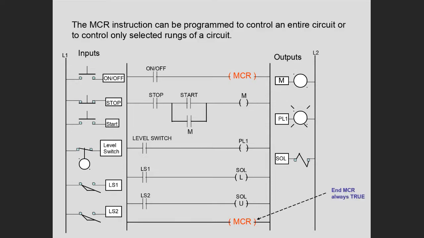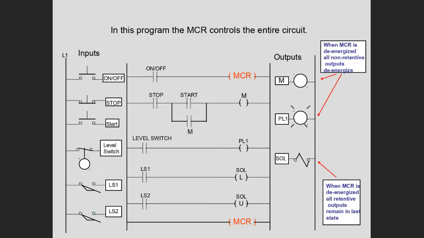So we got the end MCR. It's always true because it's not conditional. But the one I was referring to is this one. When that first rung, the one containing the conditional MCR at the top, is false, then it will deactivate outputs. All the outputs are deactivated. But you've got to pay attention to whether you have a retentive output or non-retentive output.